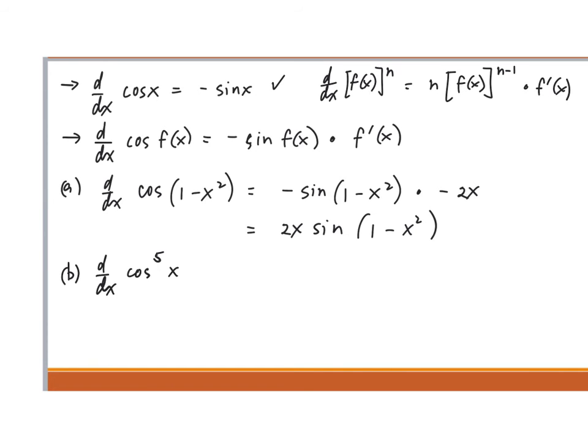So let's rewrite this first as d dx of cosine x to the power of 5. They are equivalent. So this is now our f of x here.